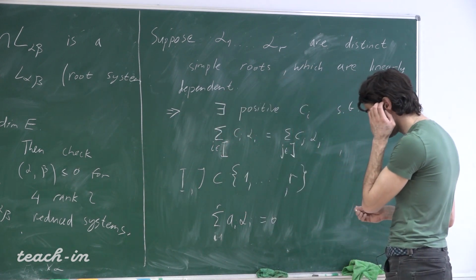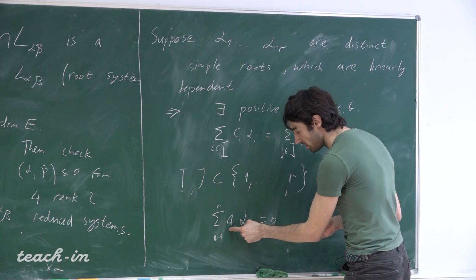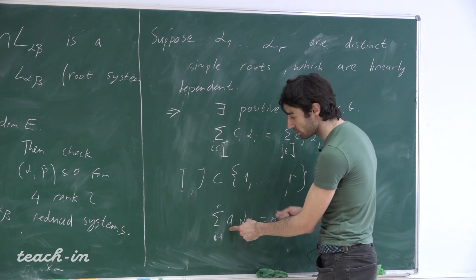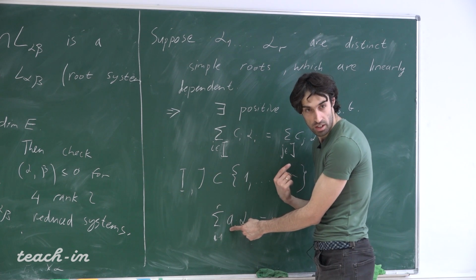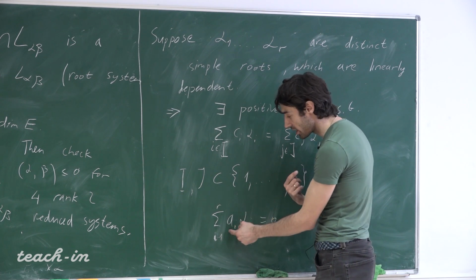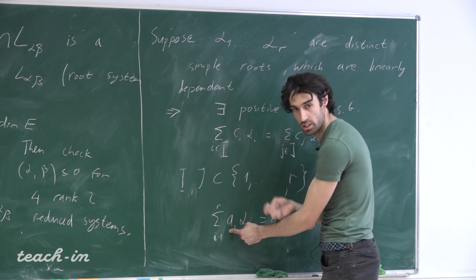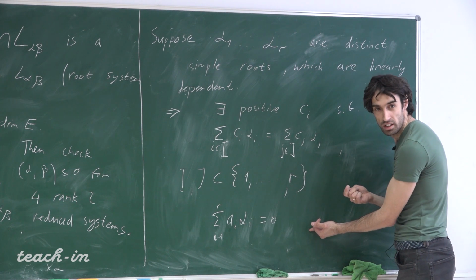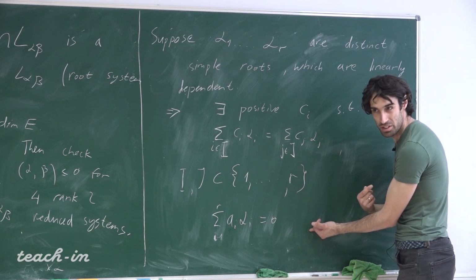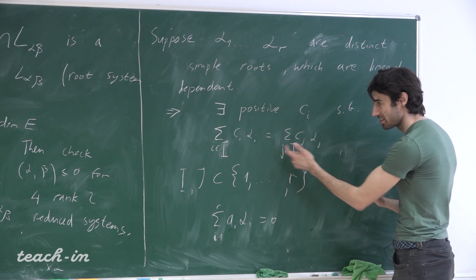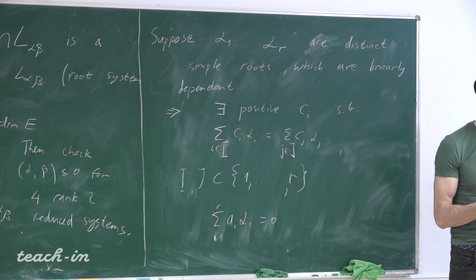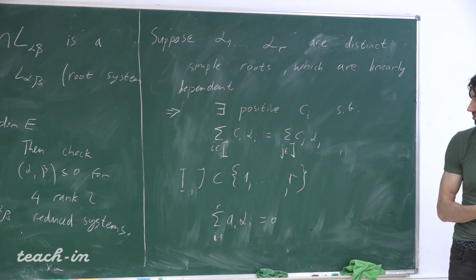But then I just look at which ai is positive and which is negative. If ai is positive, I will just call it Ci. If it's negative, I move the corresponding term to the right, and call negative ai to be Ci. And then I get something like this. All the negative terms, I just move to the other side. That's it.